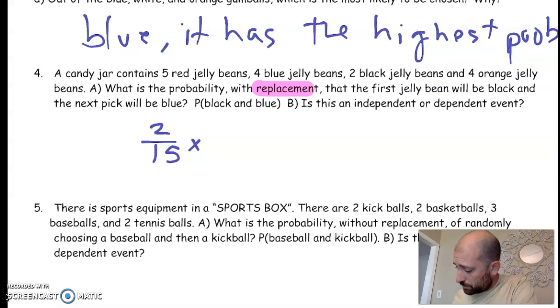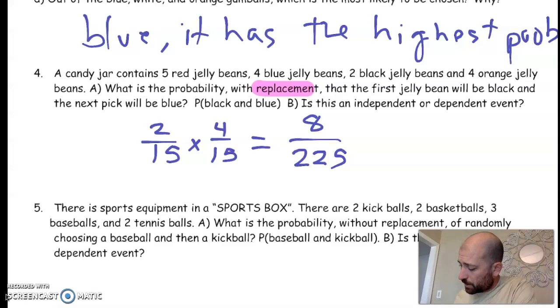Blue is 4 out of 15. All right, so what we have is 8 out of 225. And we just said it out loud. This is independent because it goes with replacement.